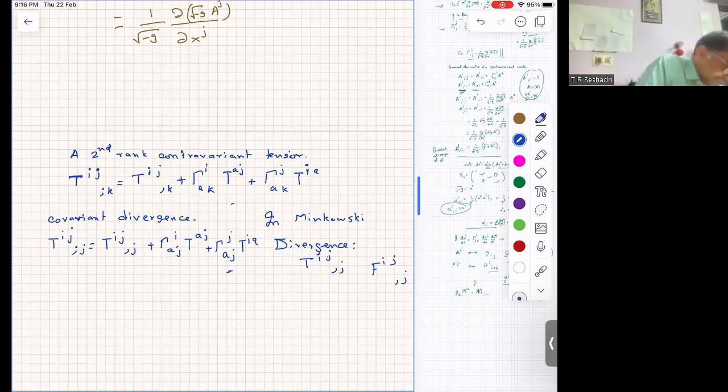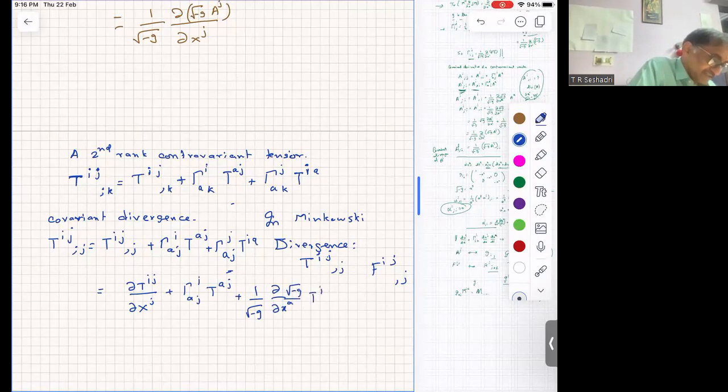And so I will write this as del T^{ij} by del x^j plus gamma^i_{aj} T^{aj}. This I will just leave as it is. Plus, now this quantity I will write as 1 by square root of minus g del by del x^a of square root of minus g T^{ia}.